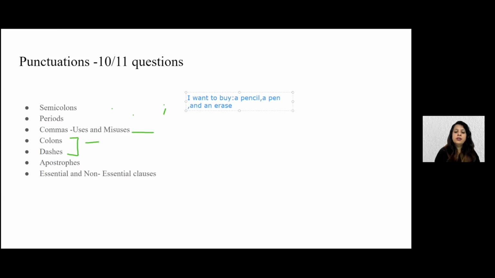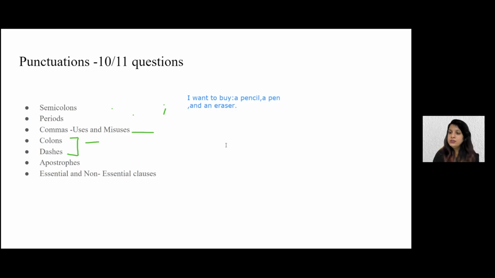Is this sentence correct or incorrect? This usage of colon is incorrect. Why? Because yes, it is correct that colons are used to start a list, but that is only half of the story. When I am starting a list, I have to first finish my sentence. Only then I can use a colon, or only then I can use a dash.